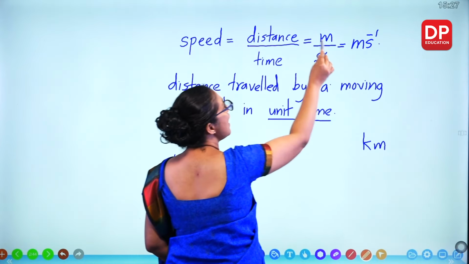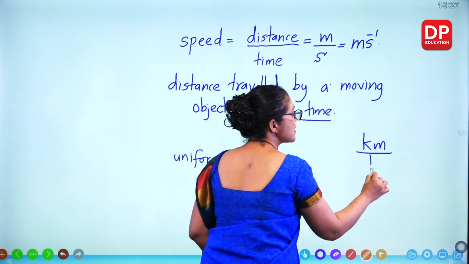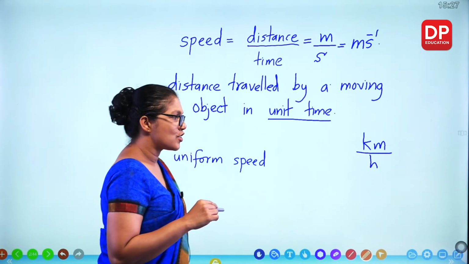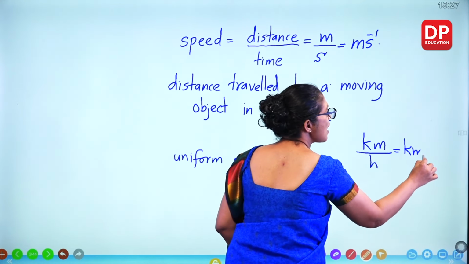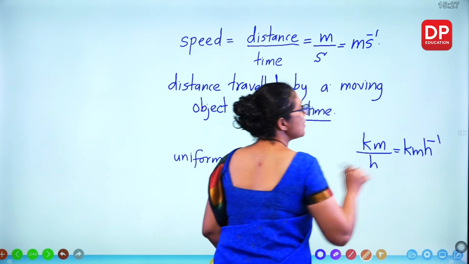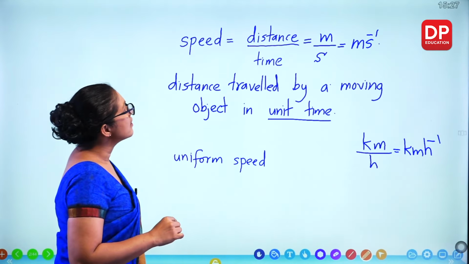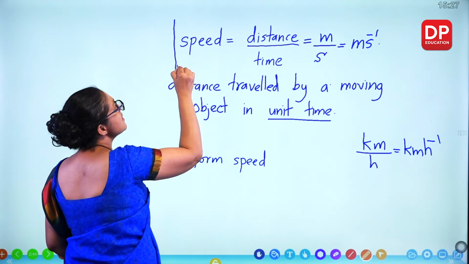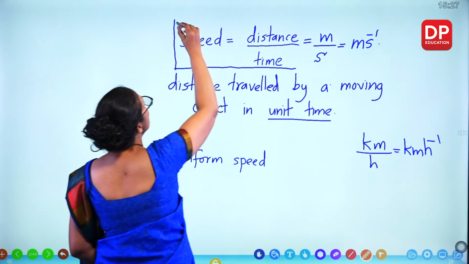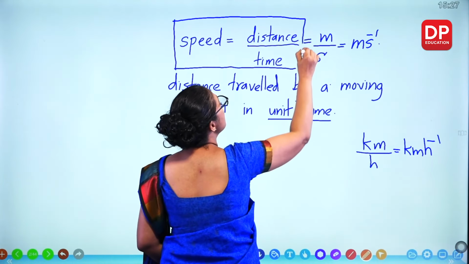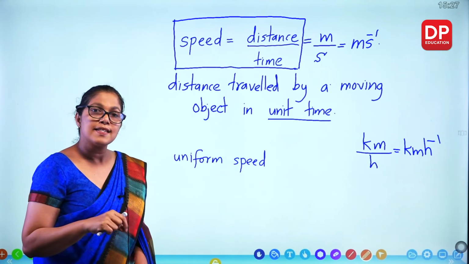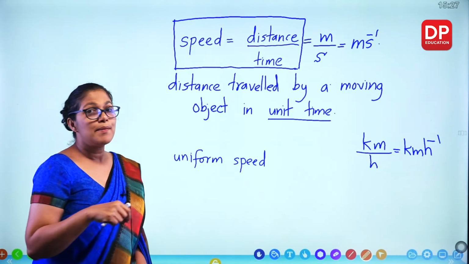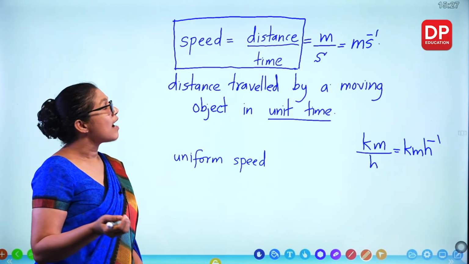Kilometers and hours. Hours we write with capital H. Then the unit is kilometers per hour. So we need this formula to find out the speed. We can't find speed when the distance is in meters and time is in hours.